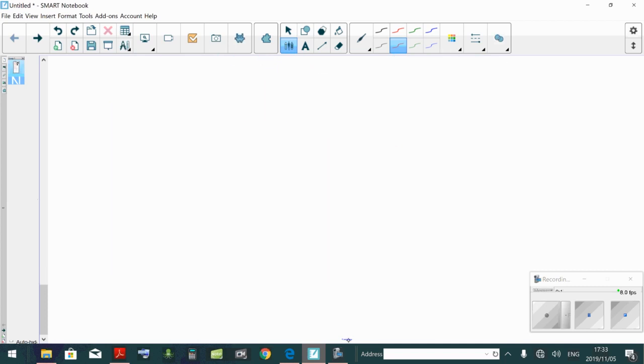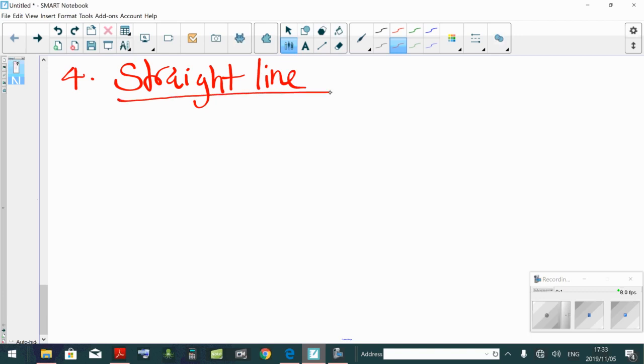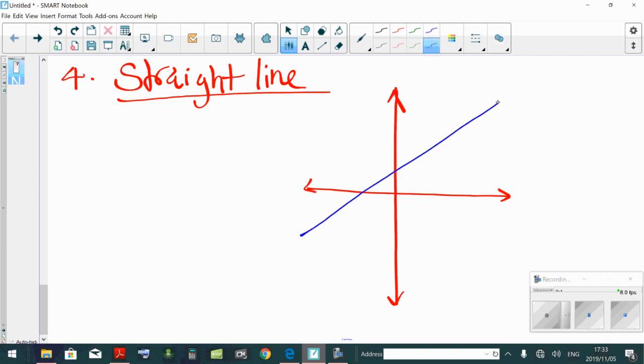The last type of function, it's not very common for them to ask you, but it's a straight line. It's rare that they ask you for domain and range, but in case they do, let's suppose we have a straight line like this one, a random straight line.